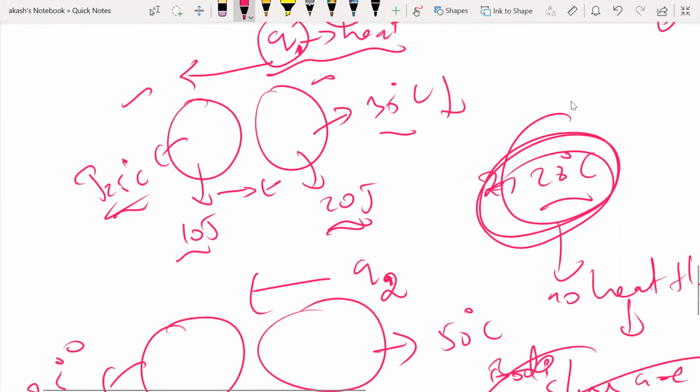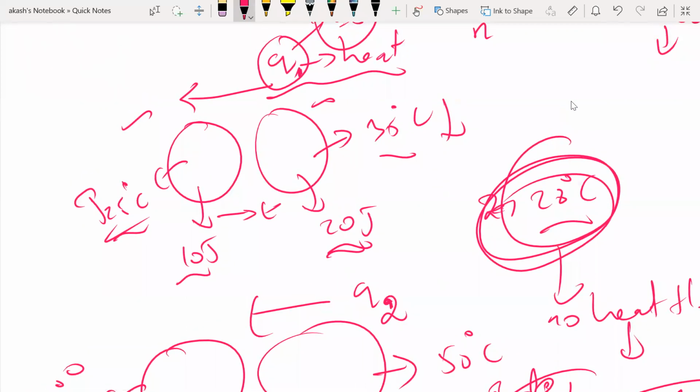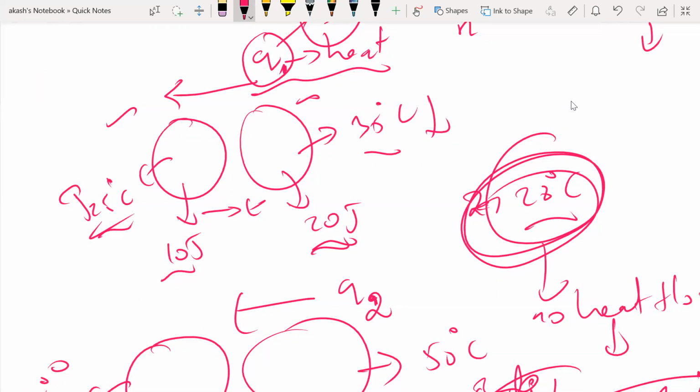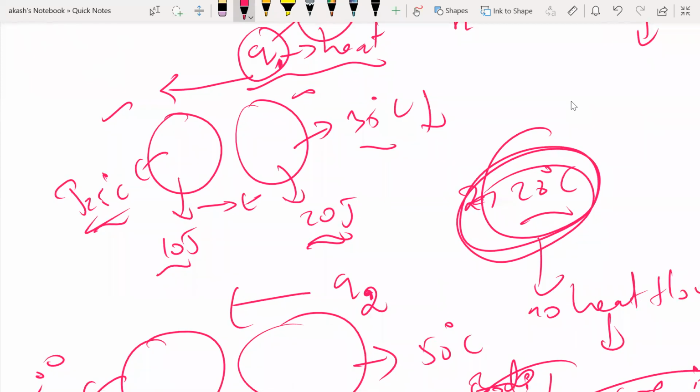Now comparing Q1 and Q2, which do you think will be greater? In the first case, the same kind of transfer is happening, but a different amount of heat transfer would happen, so you have to think. If a different amount of heat transfer is happening, which will be higher, Q1 or Q2?